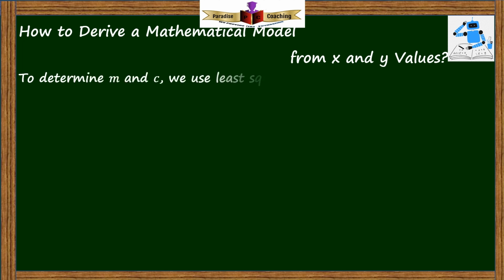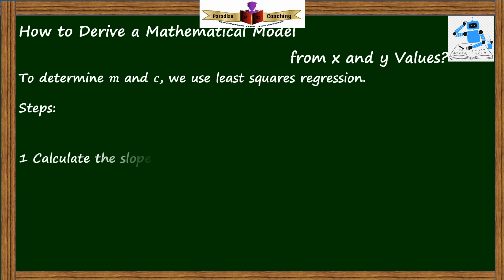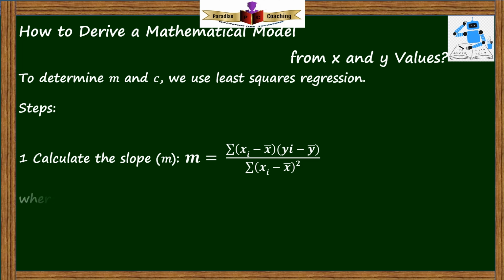To determine these, we use least squares regression. Step 1. Calculate the slope using this formula. Here x bar and y bar are the mean or average of x and y values.